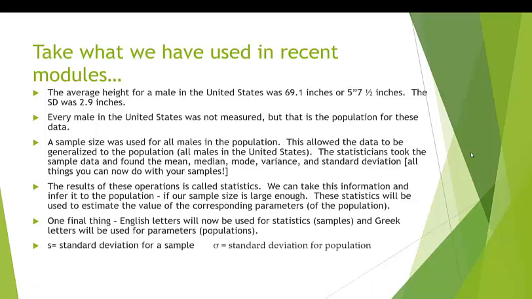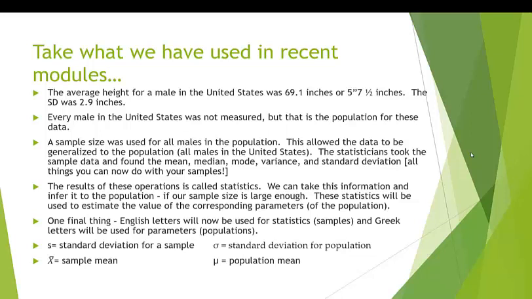So what that's going to look like is we have an S, just a little S when we're talking about the standard deviation of the sample, and we have the lowercase Greek sigma when we're talking about the standard deviation for our population. Okay? We're going to have X bar when we're talking about the mean of our sample, and we're going to have the lowercase Greek letter mu for the population mean.